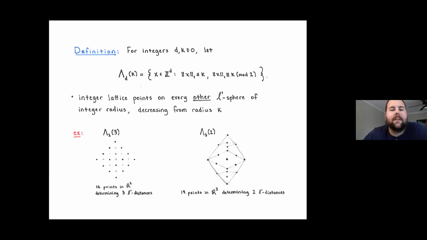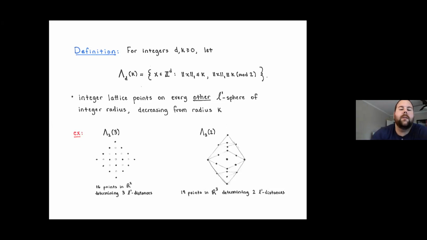Which is to say, if two integer lattice points have L1 norms with the same parity, then their L1 distance will always be even.